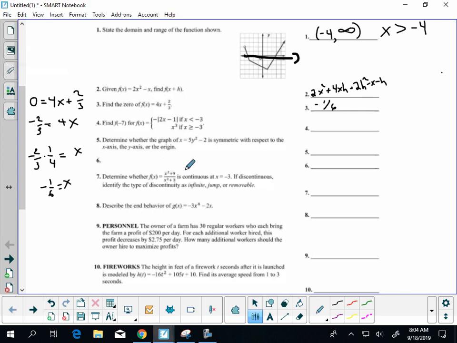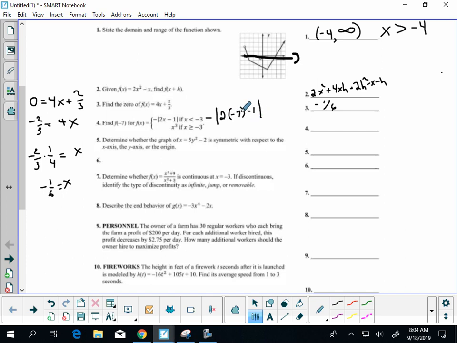All right, on number 4, f of -7, you have to figure out which one it is going to go into. Well, -7 is less than -3, so I'm going to put it in that top one. So the absolute value, and there's a negative on the outside, of 2 times -7 minus 1.